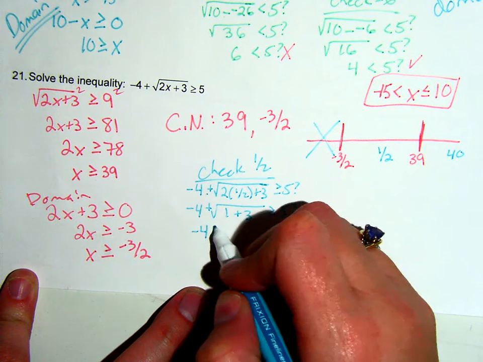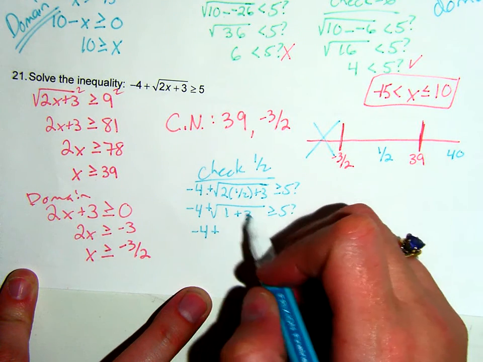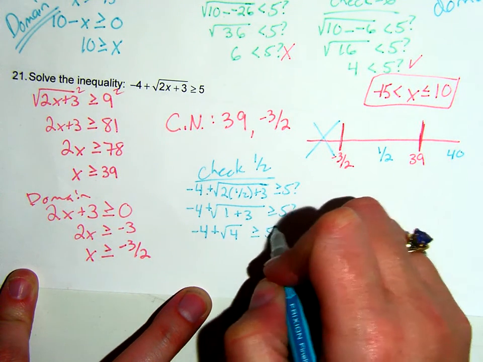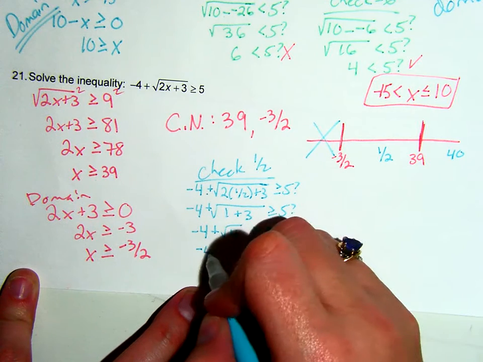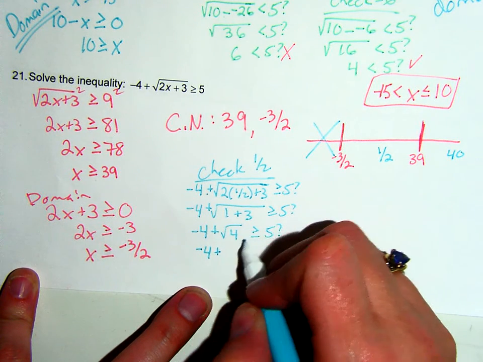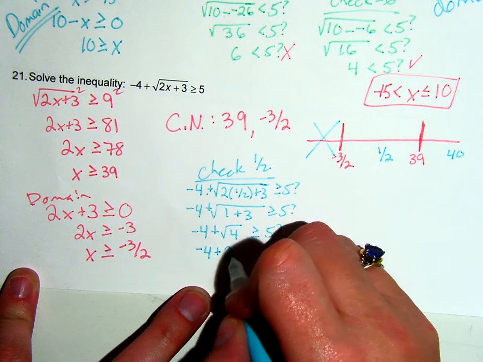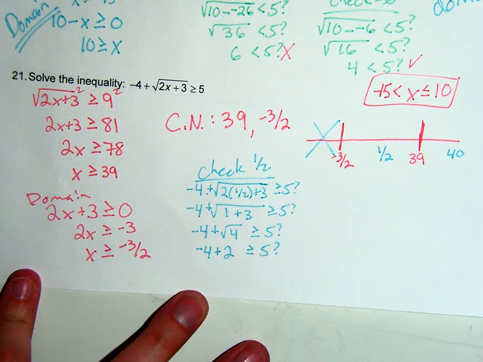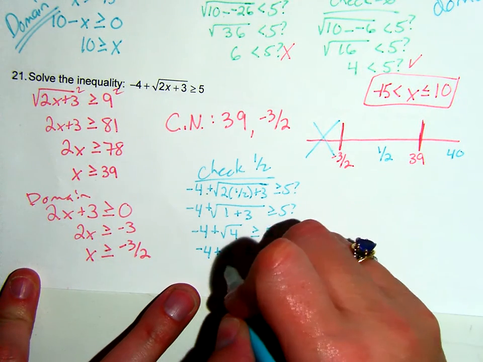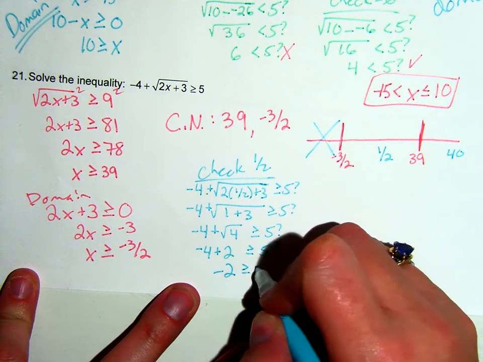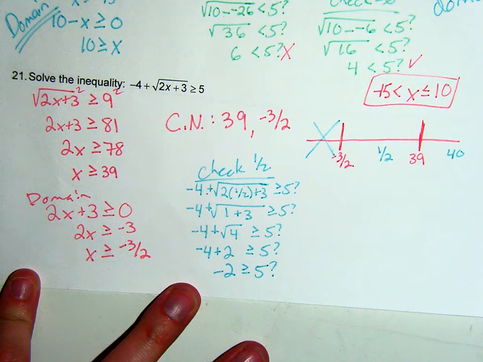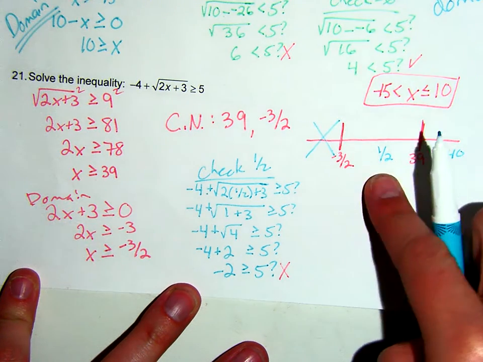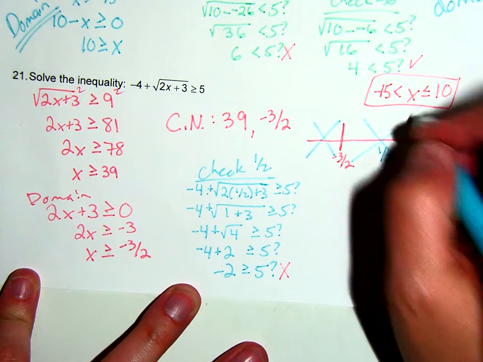So I have negative 4 plus the square root of 1 plus 3 is 4. So I have negative 4 plus the square root of 4 is 2. Negative 4 plus 2 is negative 2. Is negative 2 greater than or equal to 5? And that is a no. So the section on the graph that has 1/2 gets crossed off.